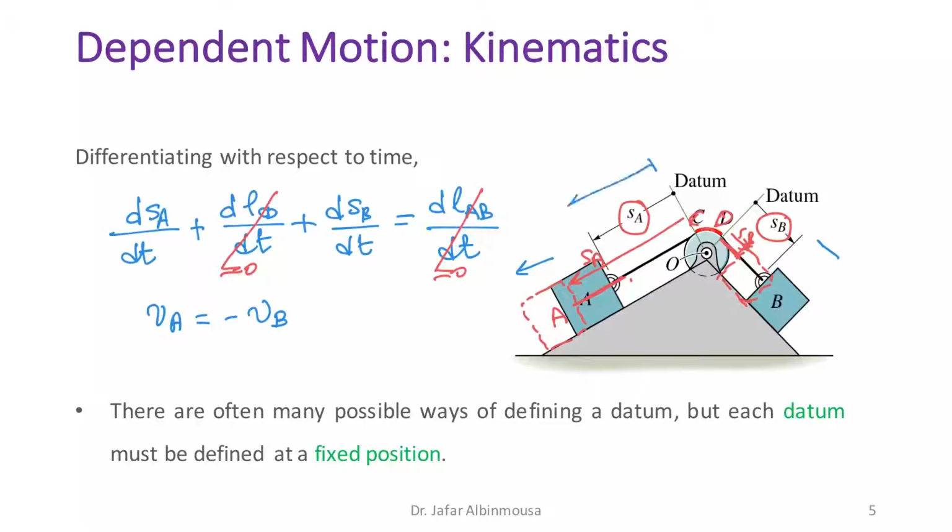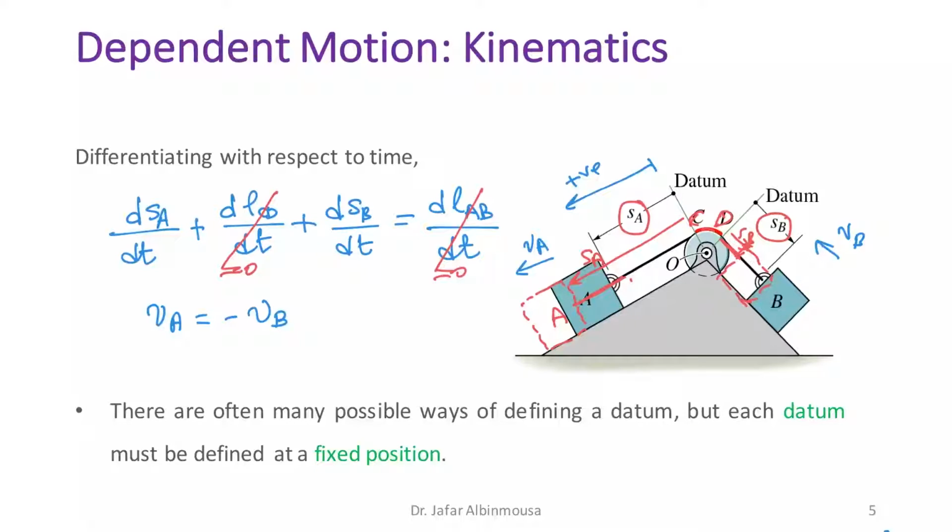The datum was established like this. This is the positive sign. So VA is indeed positive, while VB is actually negative. Which means that one of them will move opposite to its datum, and the other one will move toward its datum.